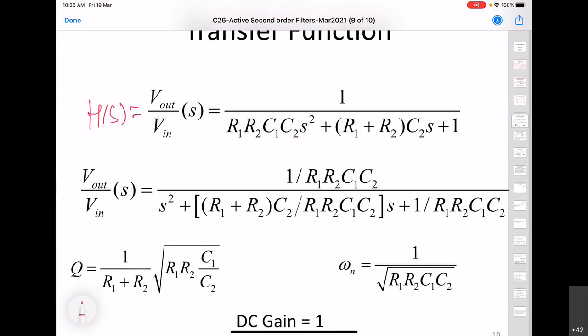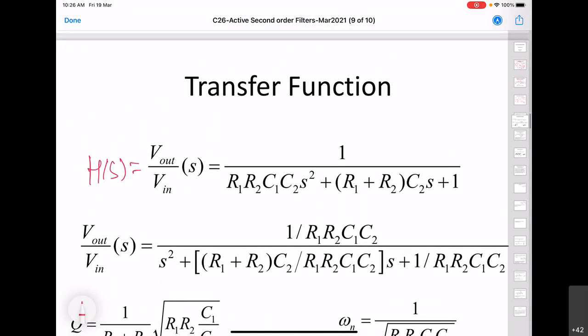And we can write it in the standard form. That means the coefficient of s square as 1, and then we can compare with the standard form that we saw in one of the classes, in fact the last class, that is gamma divided by s square plus s omega n by Q plus omega n square.